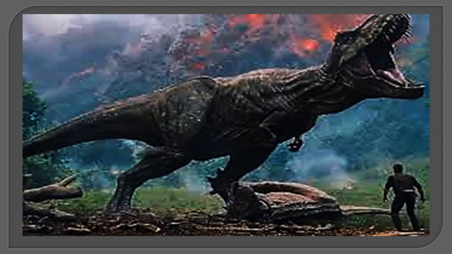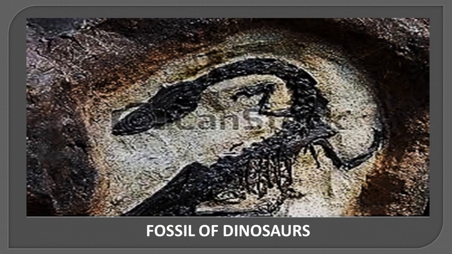Such a huge animal, isn't it? How do we get to know that these huge animals once lived on the earth? Yes, we get to know through fossils. We make use of these fossils to understand the earth's prehistory and to estimate the age of rocks.